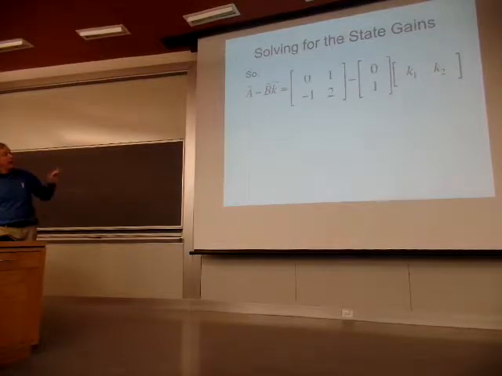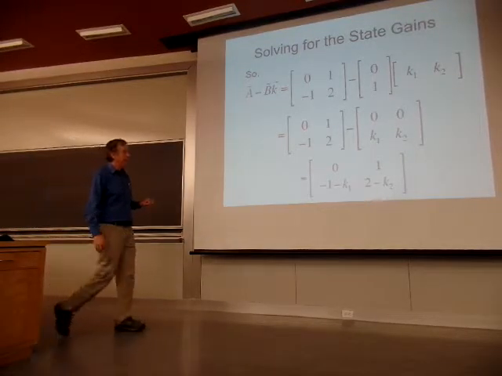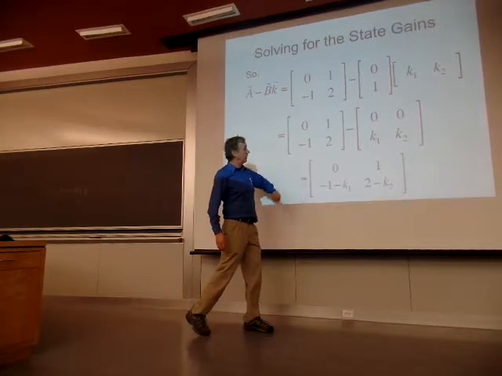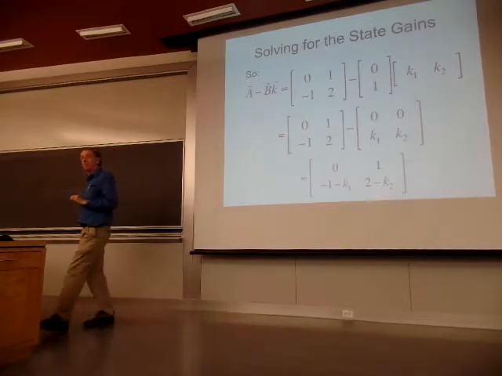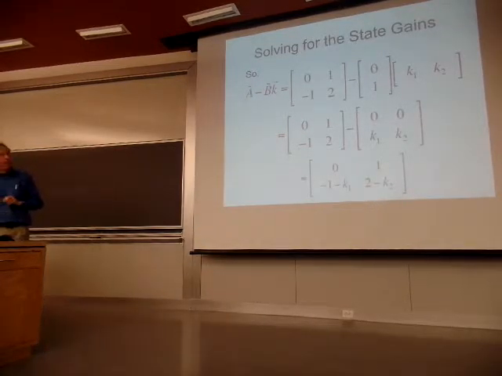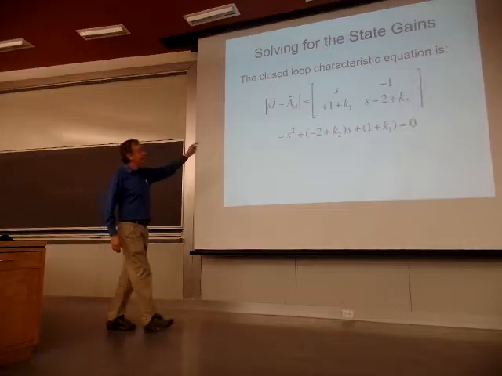So let's put that in. Here's my A minus BK. Multiply out B times K, and subtract. So here's my closed loop A matrix with the K's in it. Let's find the closed loop characteristic equation: the same thing, sI minus that.